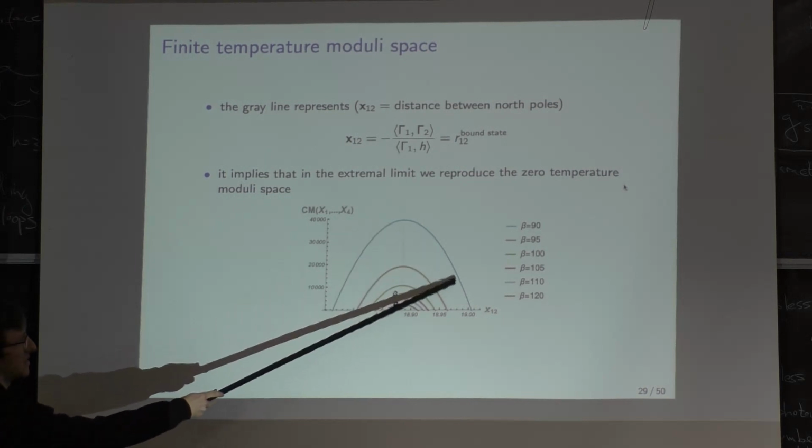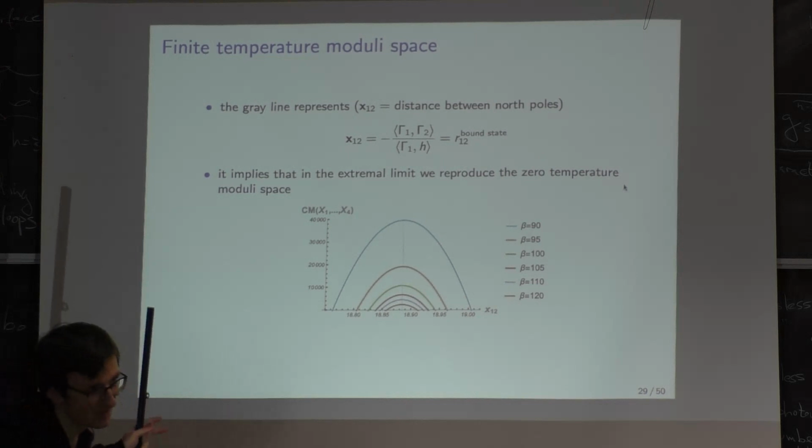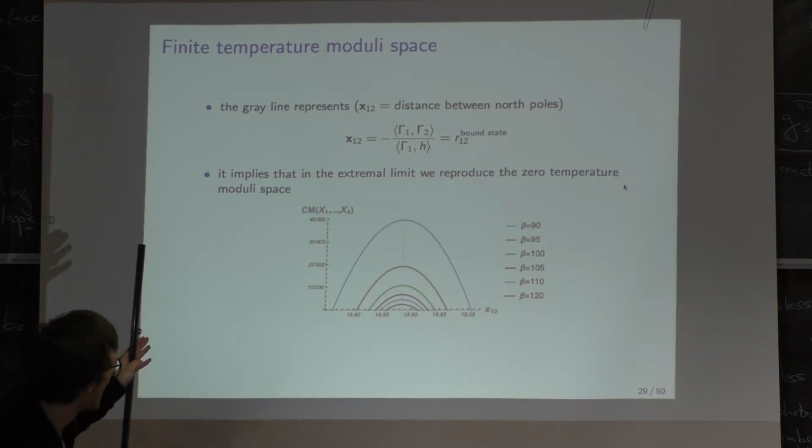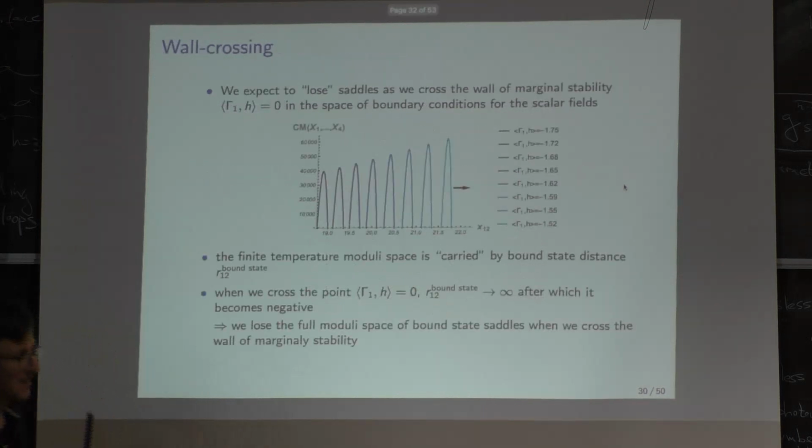You see that this moduli space collapses onto this 0 temperature solution. But more importantly, because this moduli space is now essentially anchored on the 0 temperature moduli space, you can immediately see how the wall crossing happens at finite temperature. You can effectively think of the finite temperature moduli space as being carried around by the 0 temperature moduli space.